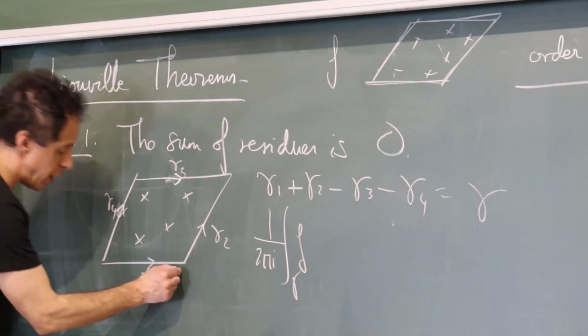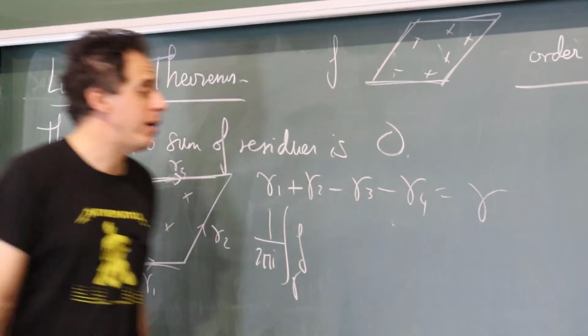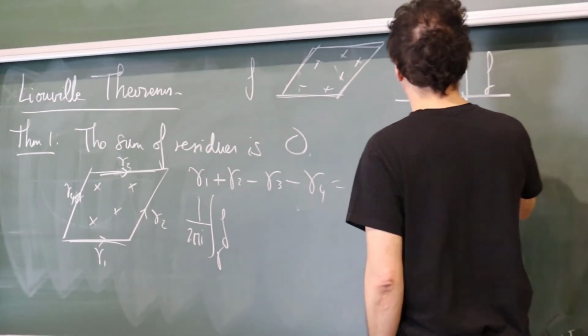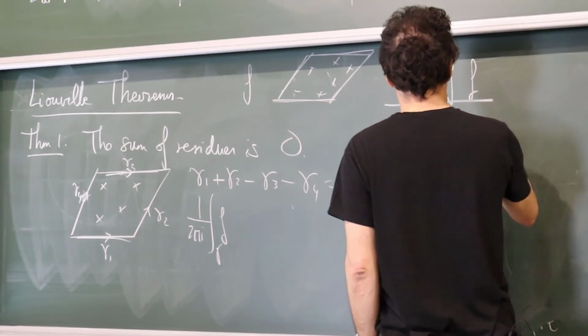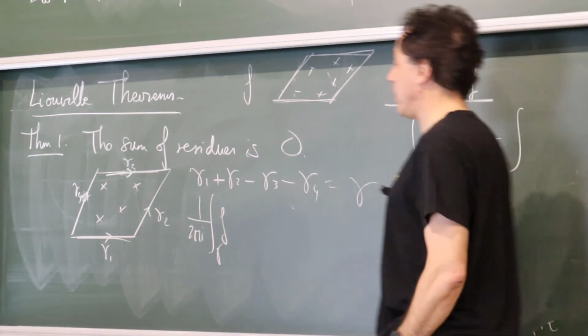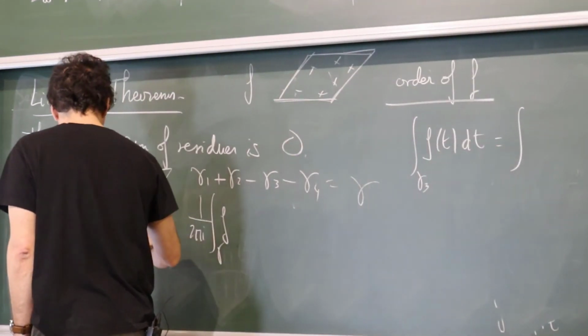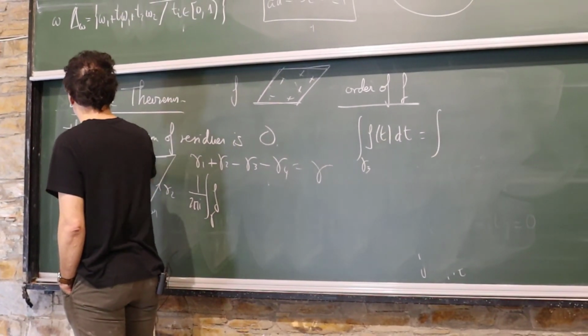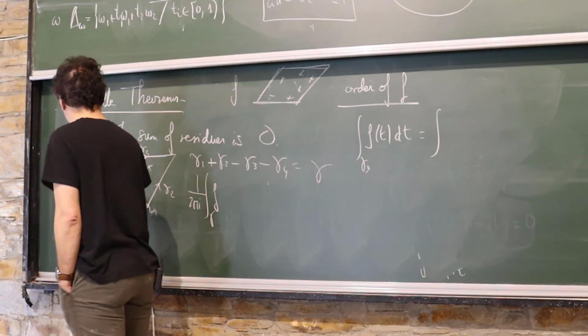But if you consider, for instance, gamma 1 and gamma 3, which is the integral along gamma 3 of f of t. Well, this is the same as the integral. This point here is omega plus omega 1. Here is omega plus omega 2. Here is omega.